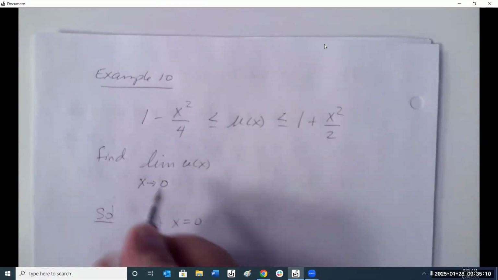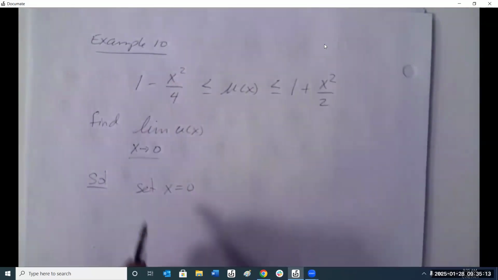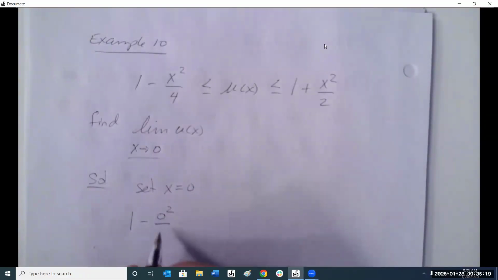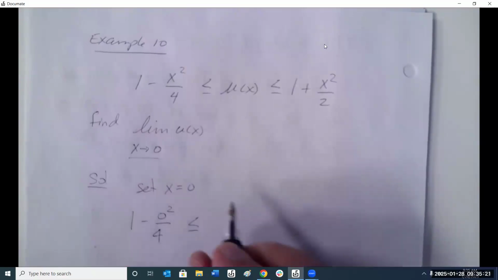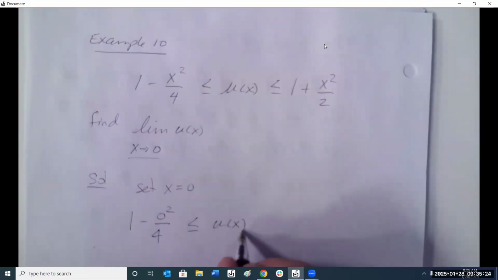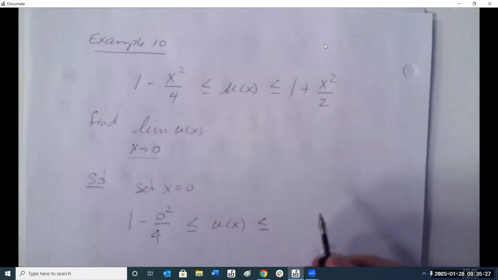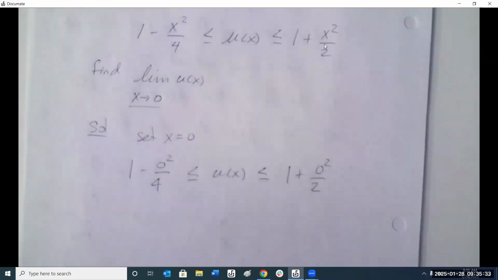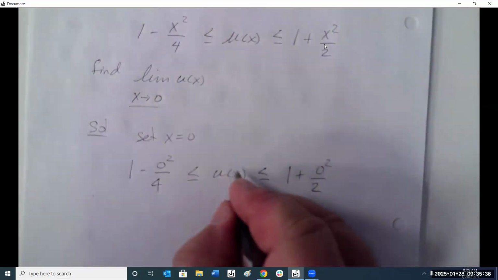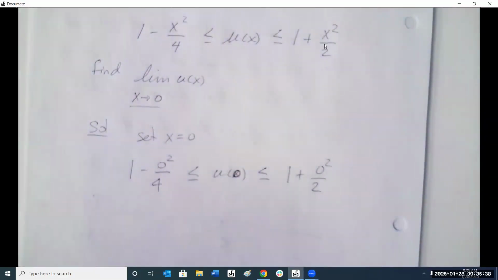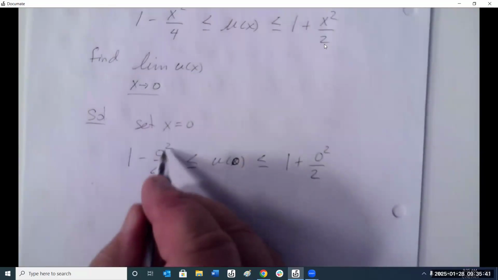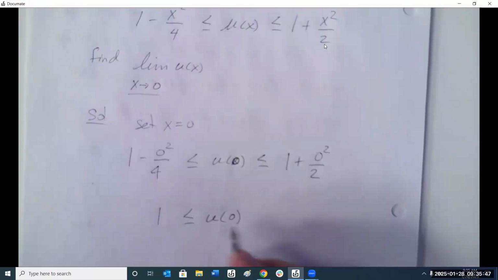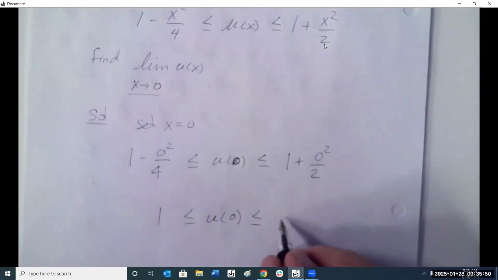Set x equal to 0, because that's what my limit value is. So we have 1 minus 0 squared over 4 is less than or equal to u of 0, which is less than or equal to 1 plus 0 squared over 2. 0 squared over 4 is 0, so the left side is 1. And 1 plus 0 is 1.